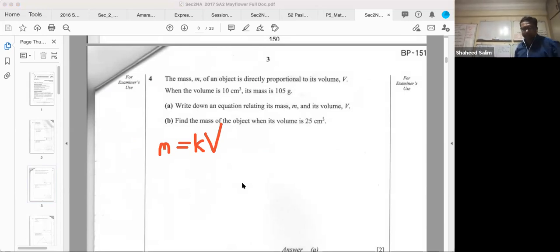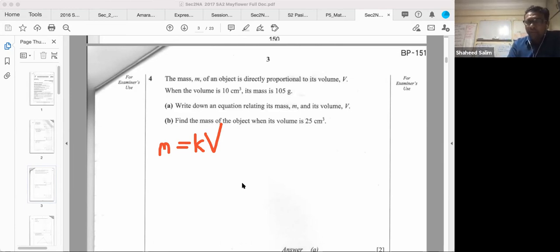Can? 10.5. Okay, k equals 10.5. Well done.